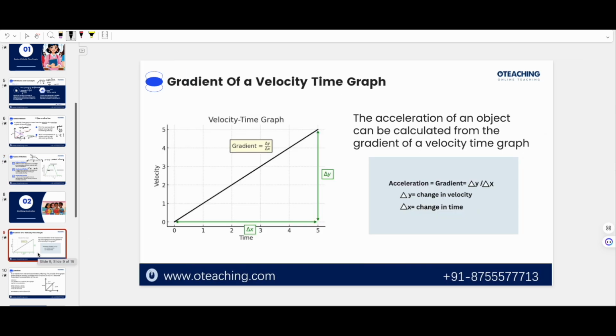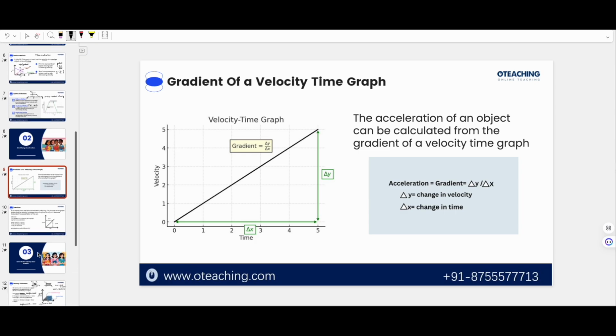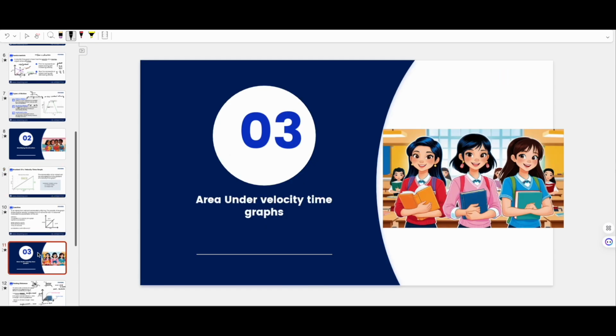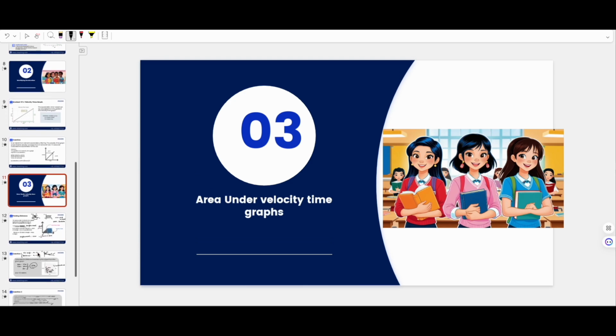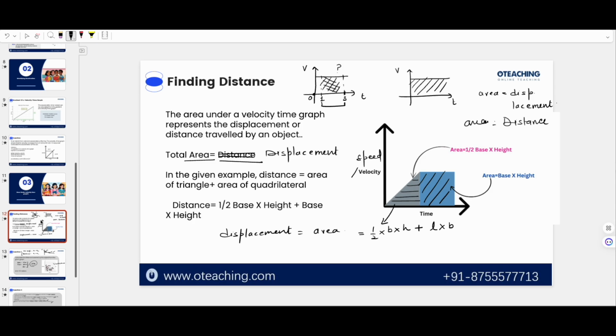The gradient of the velocity time graph is really useful to calculate the acceleration and to solve a number of problems. And then the next thing we learned is the area under the velocity time graph. The area under the velocity time graph is going to give you displacement, whereas the area under the speed time graph is going to give you distance. I hope you people are clear with this explanation of the velocity time graphs. So that's all about the velocity time graphs.